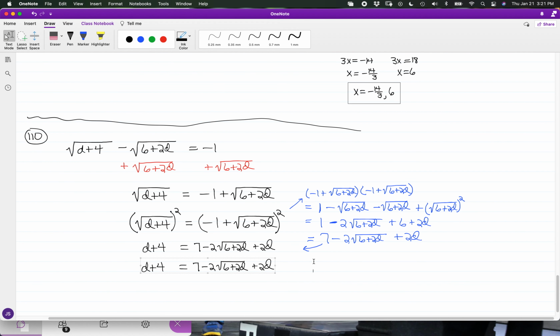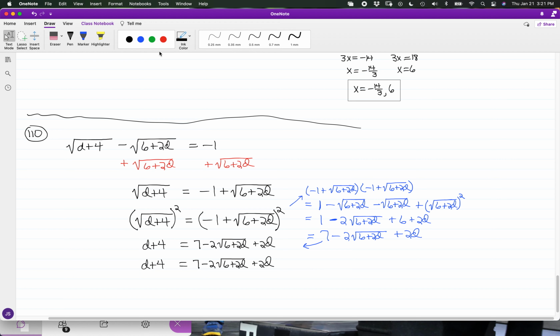Okay. So we have in the case of moving, it's got minus 2D. You have minus 7.